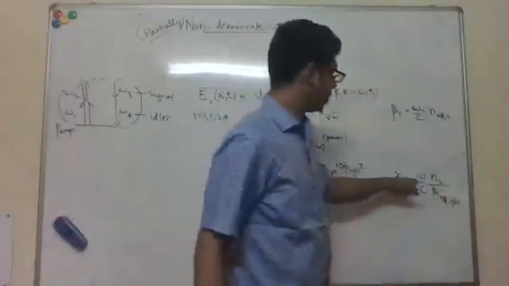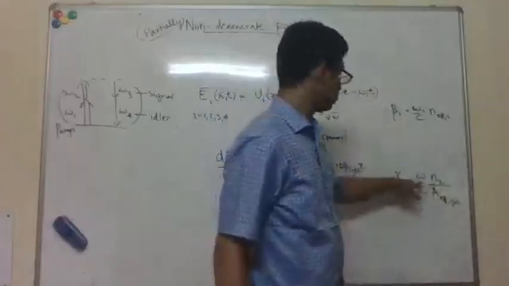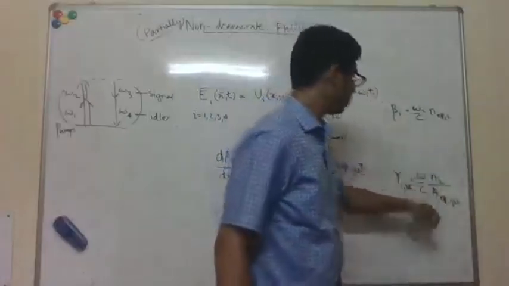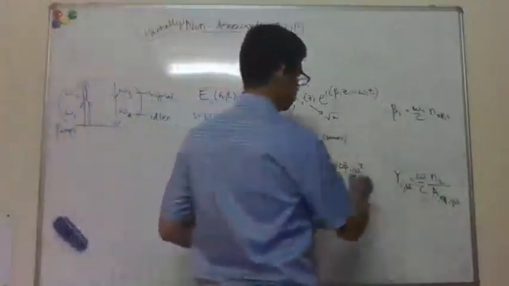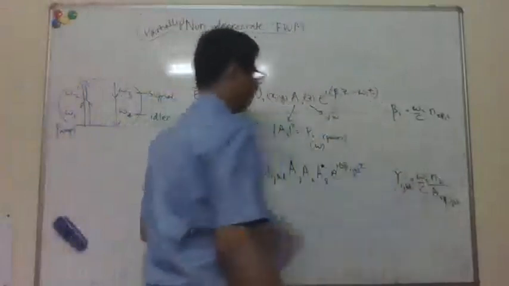This is related to the nonlinear refractive index n2, like omega over c, n2 over A, for omega i.